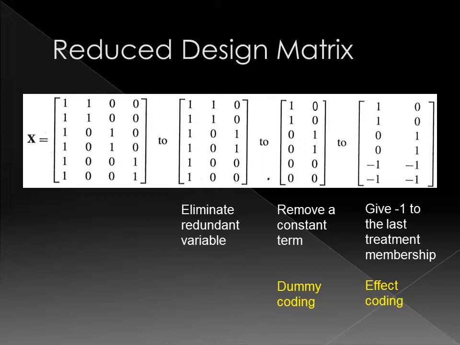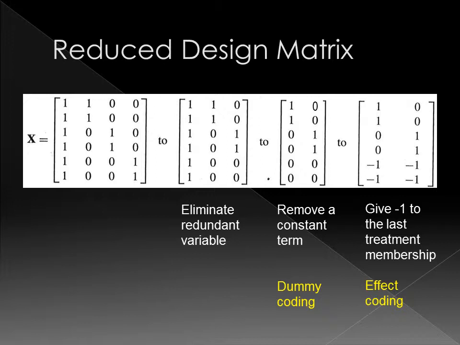We introduced the complete design matrix, the first matrix with all 4 columns. We use this matrix to indicate the membership, so it could be simplified. In the second matrix, we have 3 columns because we get rid of the last column.